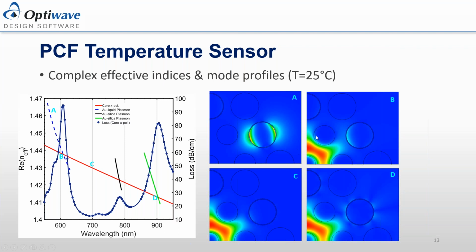Then with figures B and D, this is the core fiber mode that exists when there's resonant behavior, so you can see field along the gold interface. And figure C is simply the field distribution at a non-resonant wavelength. We chose one at 700 nanometers, which was between the dominant peaks.